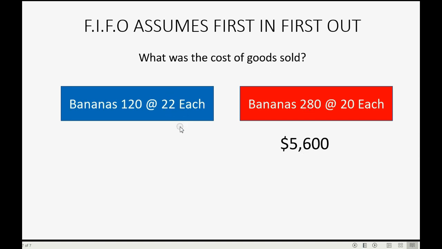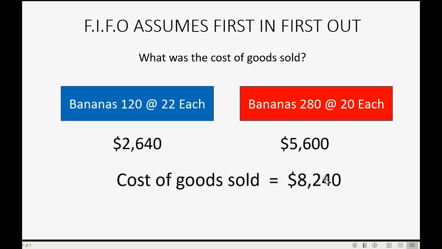So 120 bananas that we paid 22 each adds another 2,640 to the cost of goods sold. So the cost of goods sold for that sales receipt was $8,240.